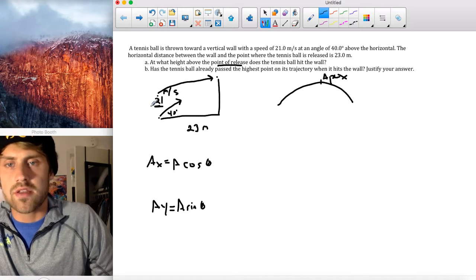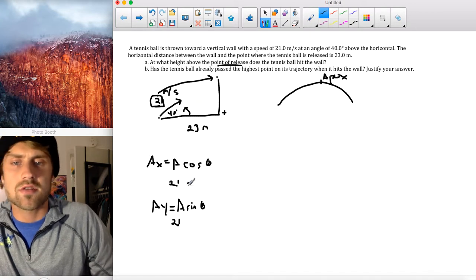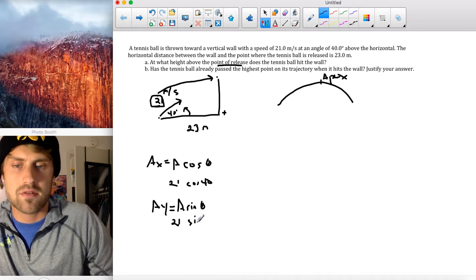My a is the thing I want to break apart. In this case, that is 21, so 21 will be in each of these. Just like in class, we talked about how theta is measured from the positive x-axis. Here I have my positive x-axis, so I'm going to go cosine of 40 and sine of 40.